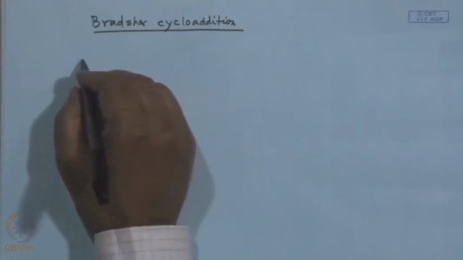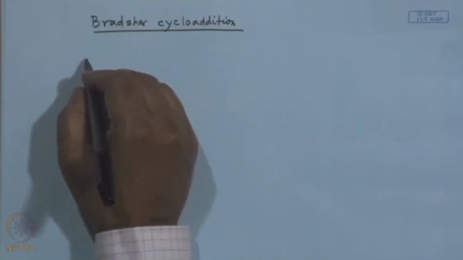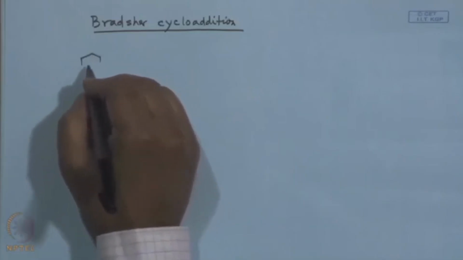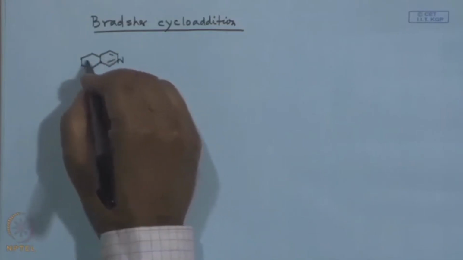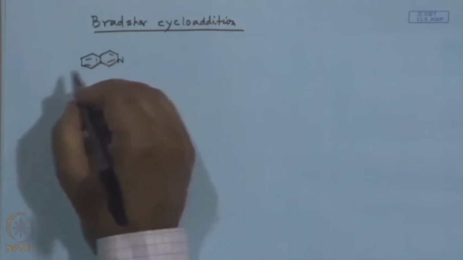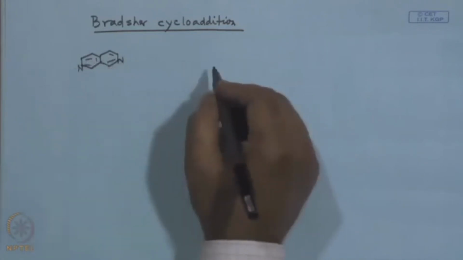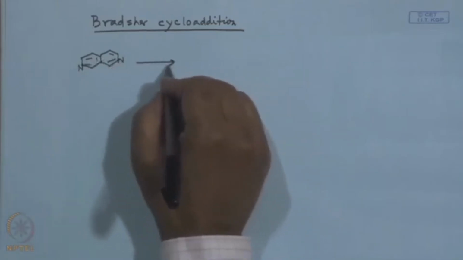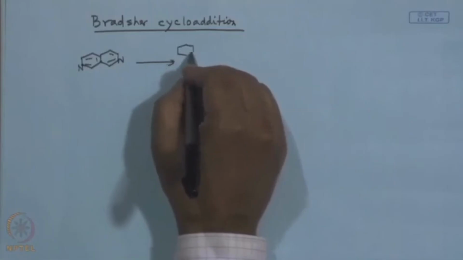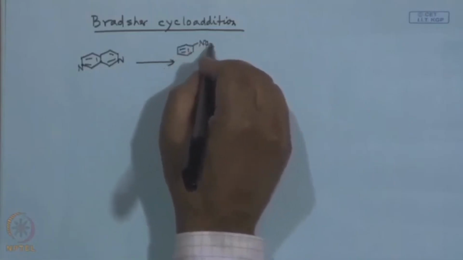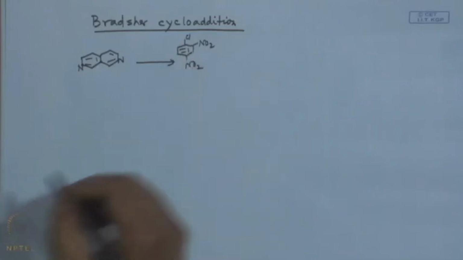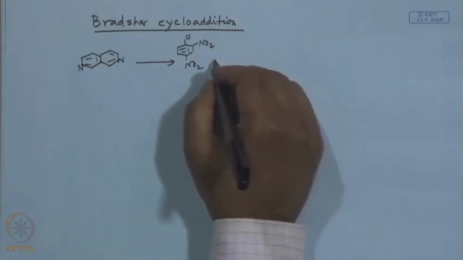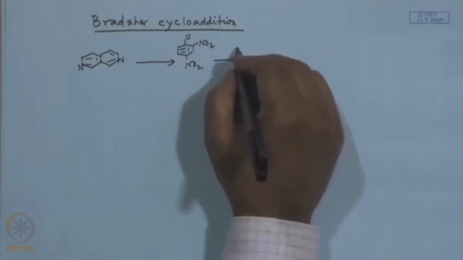But if the pyridine nucleus is part of a bicyclic system, in this case you will see you have an azaisoquinoline derivative with a nitrogen, and you first treat this with dinitrochlorobenzene, and then a very interesting reaction.